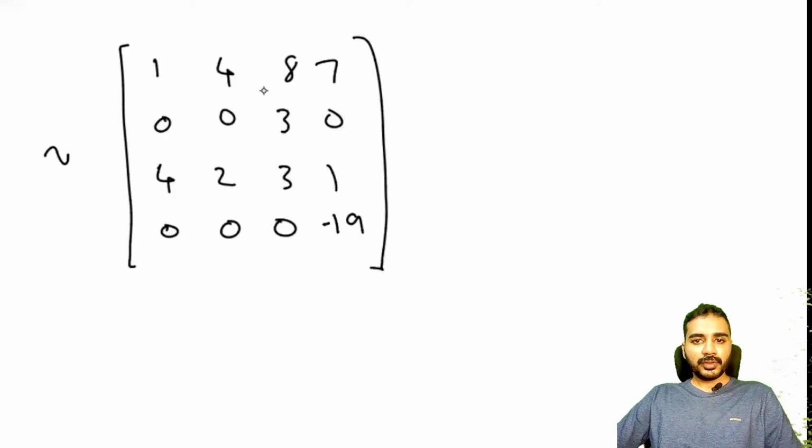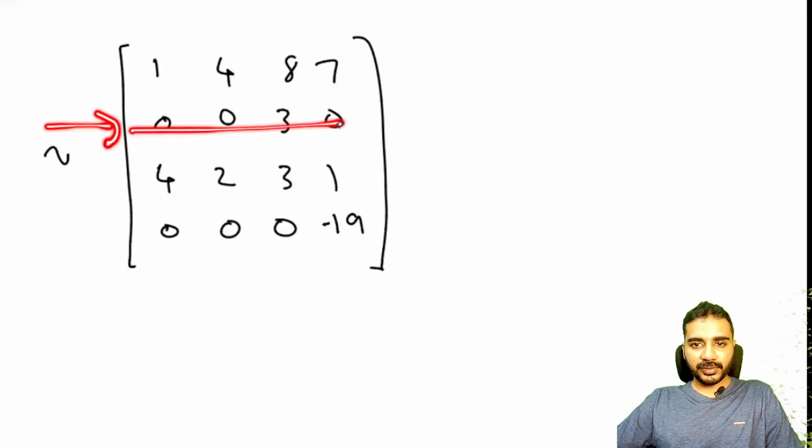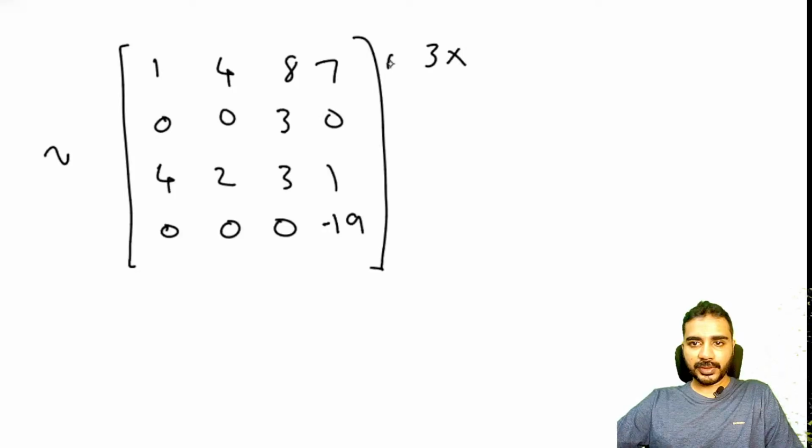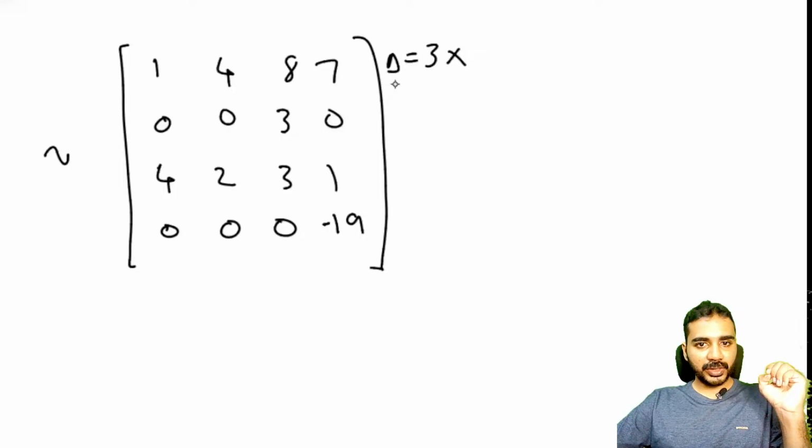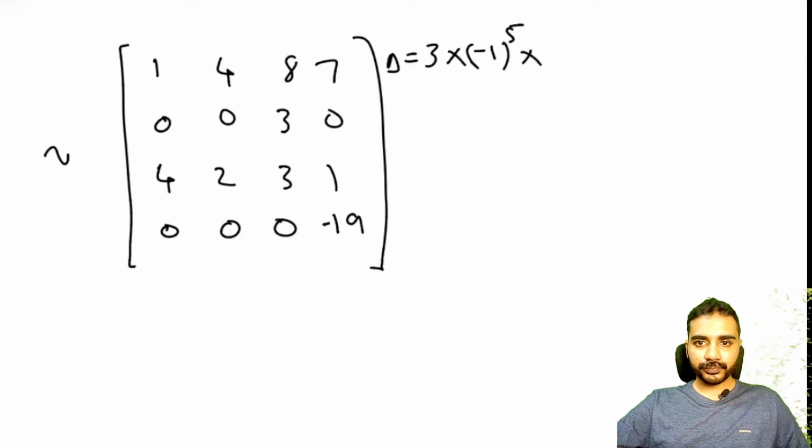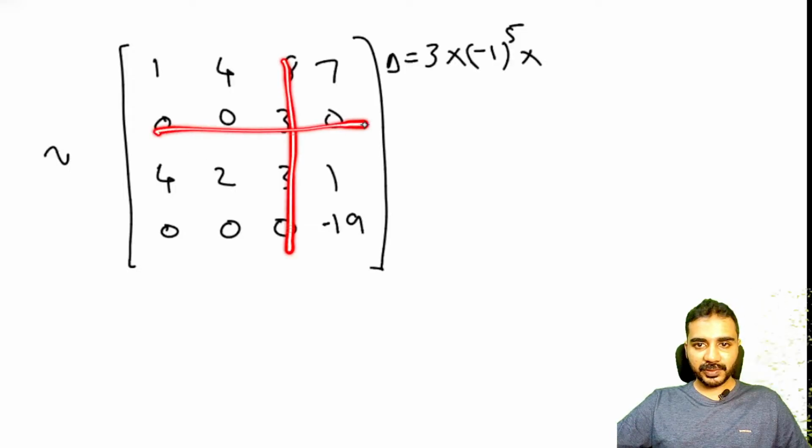Now I am calculating the minor of order 4 using this row. So first I need to find the determinant using this element. 3 into the determinant equal to 3 into, this is the second row and third column, so we have minus 1 raised to 5 here into, now remove this and this.